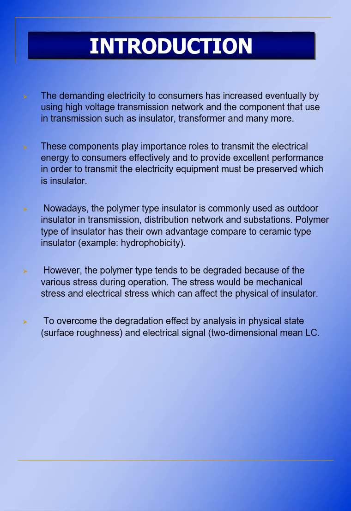The stress would be mechanical stress and electrical stress, which can affect the physical state of the insulator. So, to overcome this degradation effect, we analyze the physical state, which is surface roughness, and the electrical signal, which is two-dimensional mean leakage current.